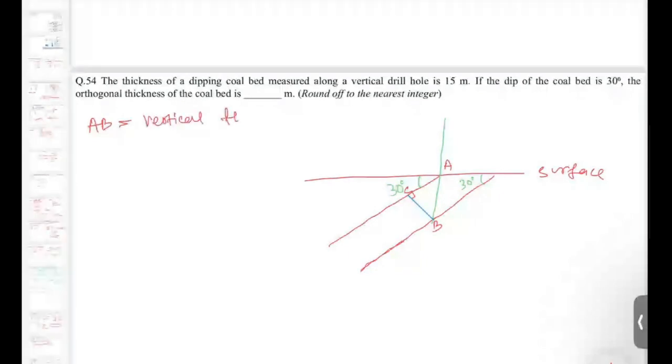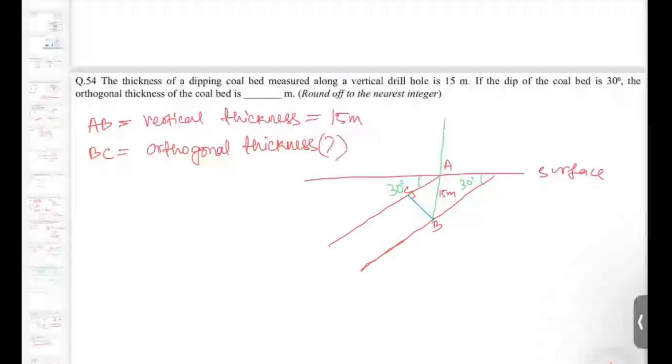It should be equal to 15 meters. And BC is your orthogonal thickness that you have to find out.